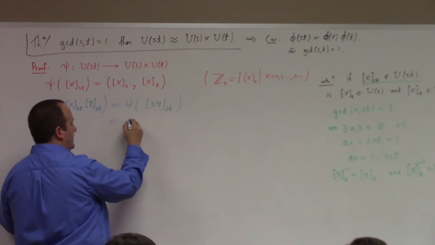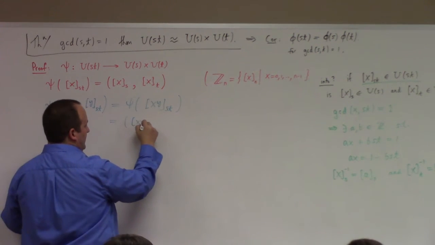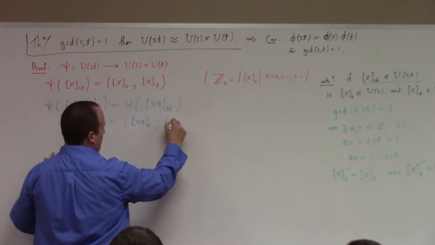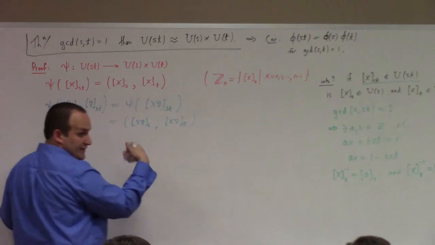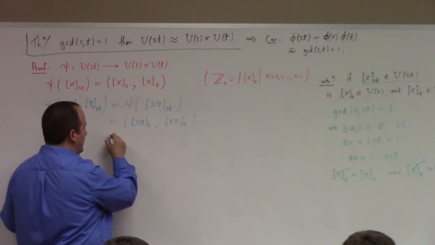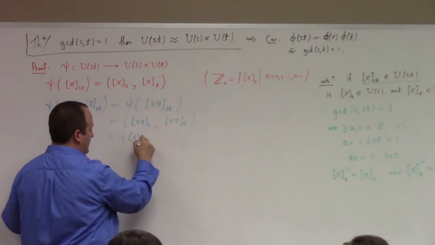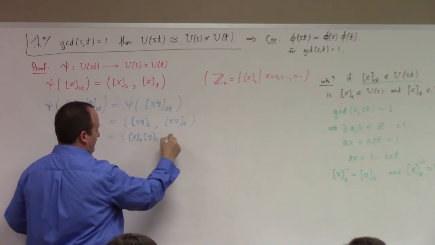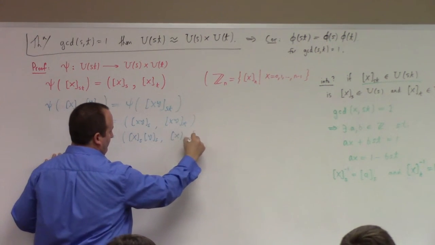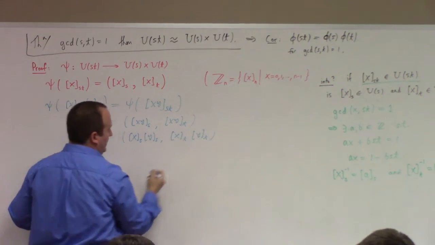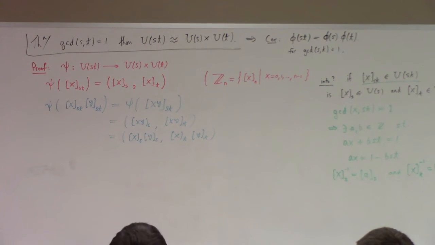Then by the definition of the function, that's xy sub s, xy sub t, right? But then by the definition of multiplication mod s or mod t, that does this, right? By basic modular arithmetic.